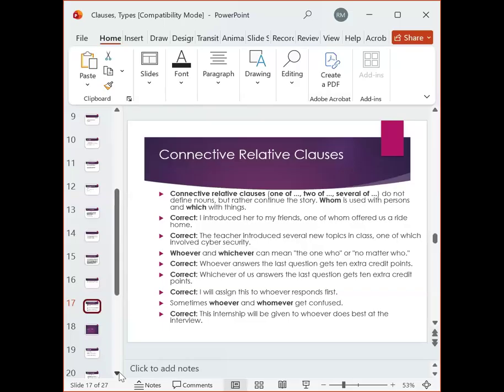So when you see structures like this, know that they are connective relative clauses. I bet to say that we can argue them also sometimes, especially whomever and whichever, as nominals, but we won't go into that. In case you see any of these sentences, if you choose connective relative clause, that will be correct.